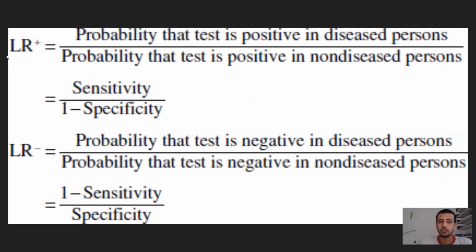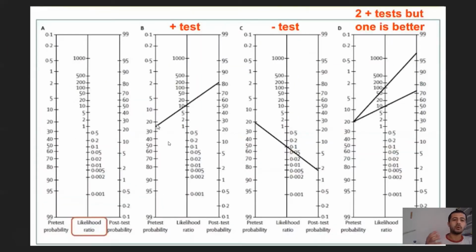Okay, the likelihood ratio, we have two likelihood ratios, the positive and the negative. The positive is just for when I have a positive result for my test. The negative likelihood ratio is when I have a negative result for my test. Okay, we remember the calculations for them. For what reason do I use the likelihood ratio?